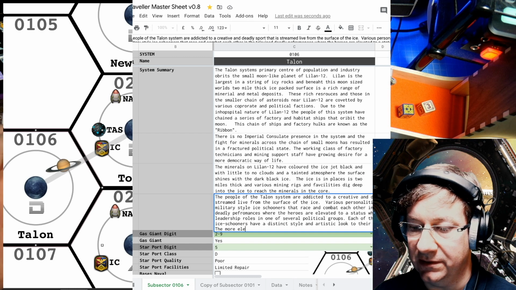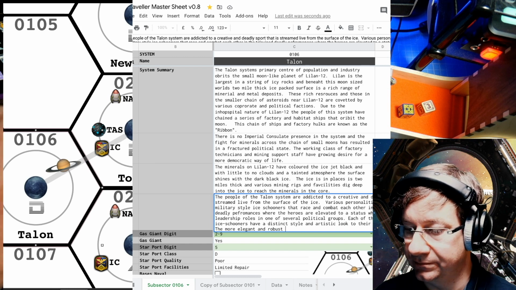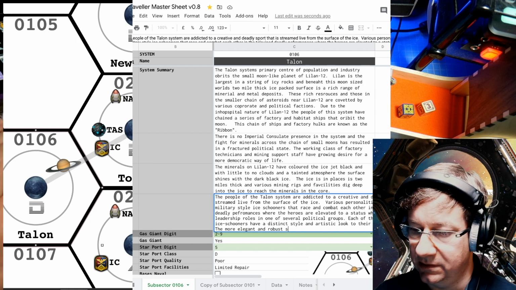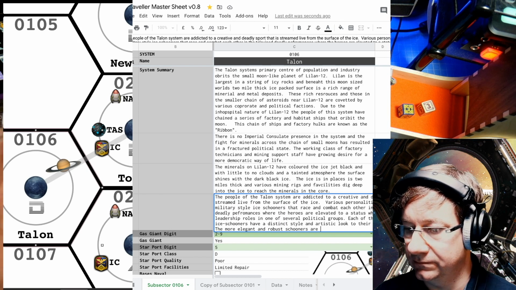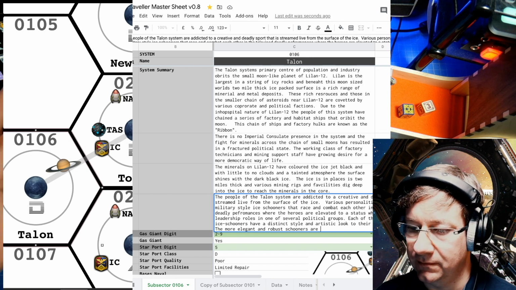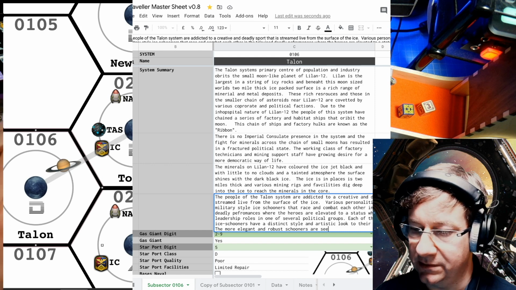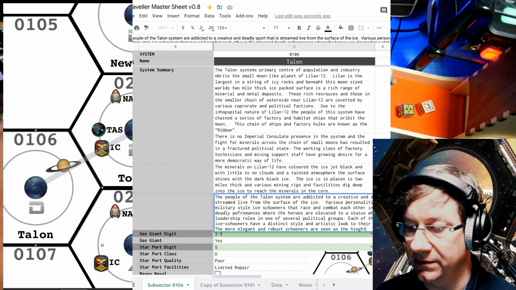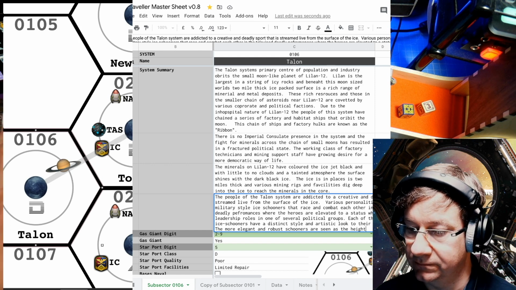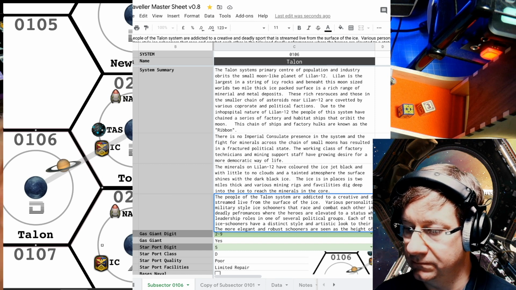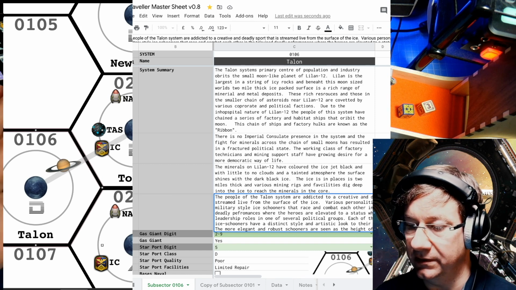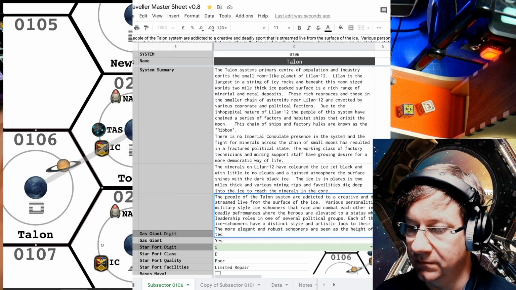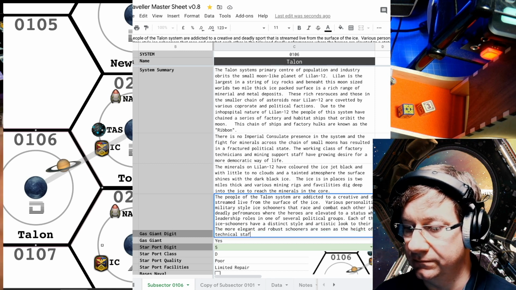The more elegant and robust schooners are seen as the height of achievement for the technical staff.